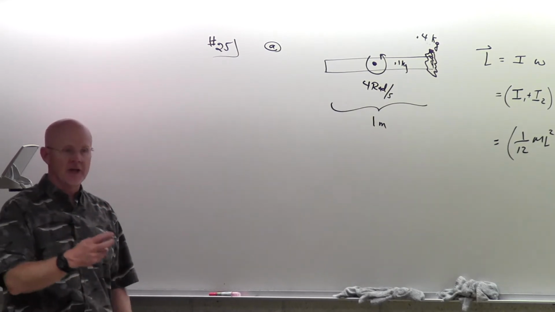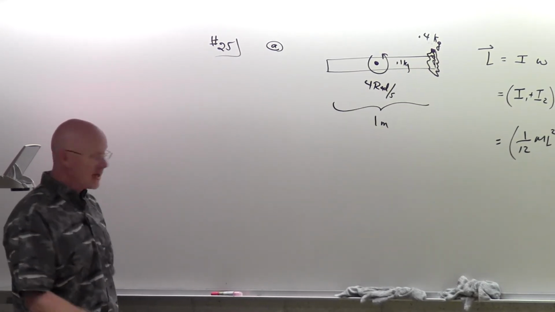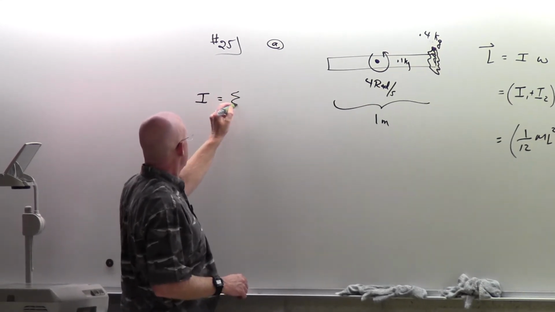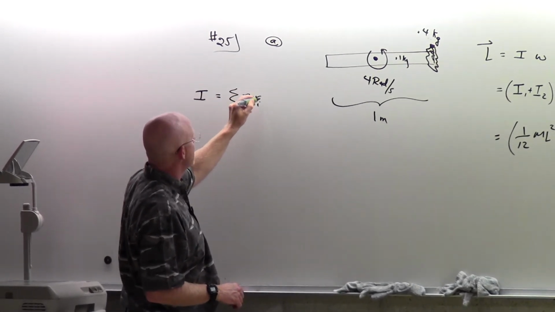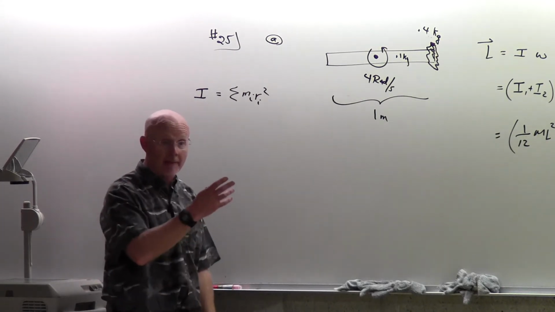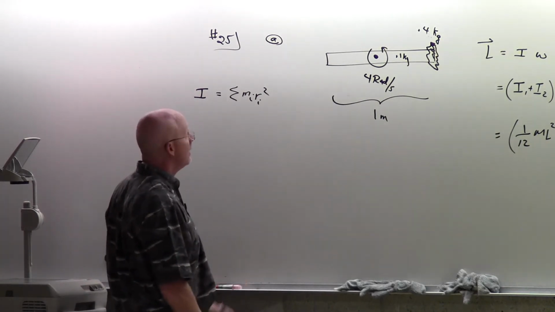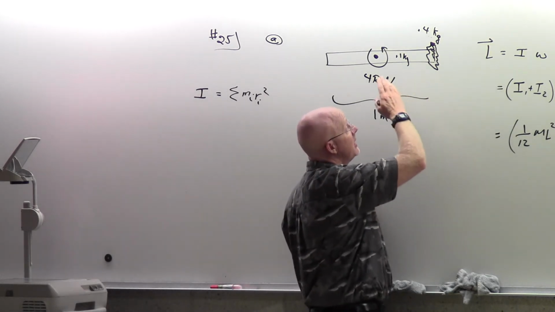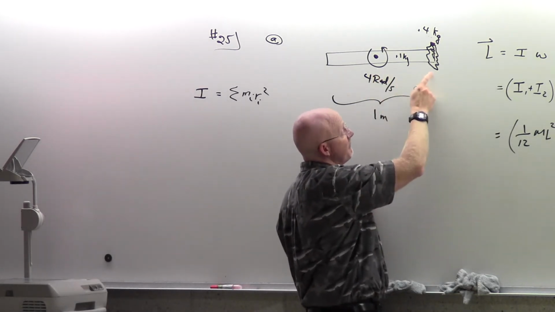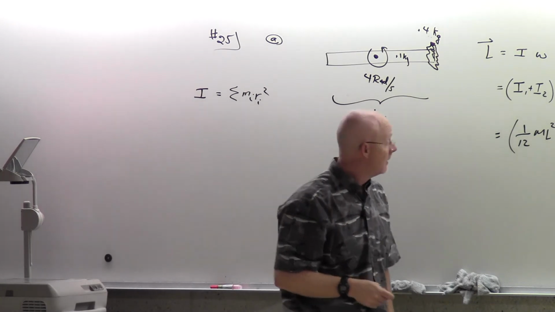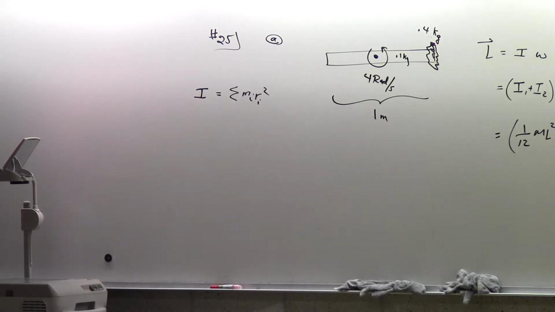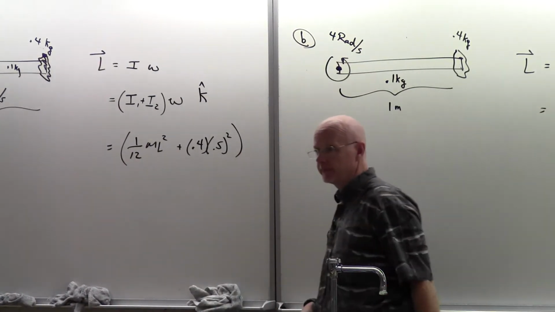But I have to add to it this little blob. That's probably the easy one, because remember, the moment of inertia is to sum up all the masses and multiply by where that mass is squared. But I think they're trying to imply that this wad of clay is all half a meter away. So this would just be 0.4 at a distance of 0.5 squared.